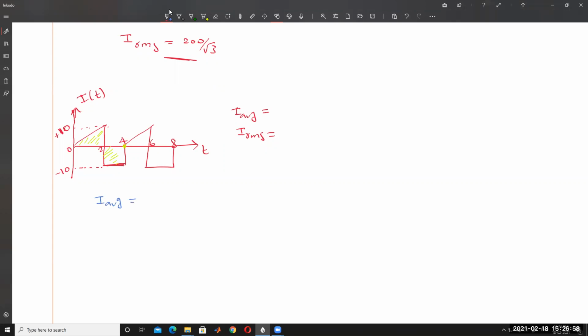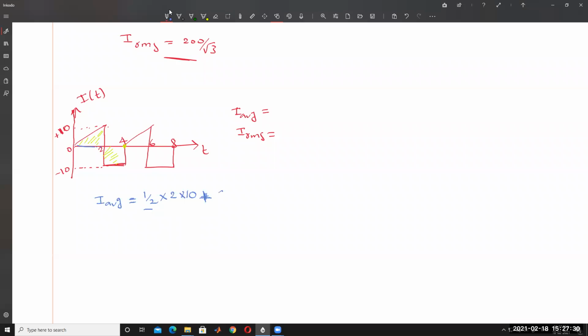For a triangular waveform, what is the average value? Half into the area covered by the triangle, so 2 is this length, into height, plus the area covered by this square. So L into B is the area covered by this.